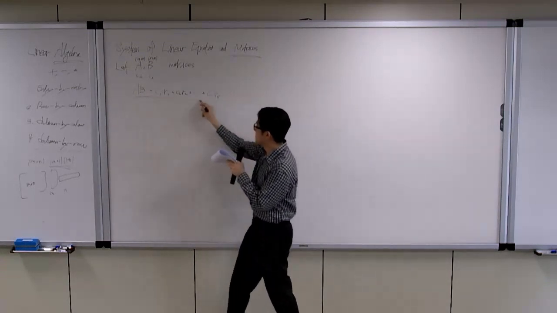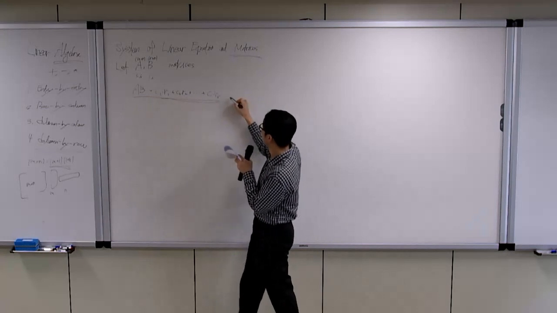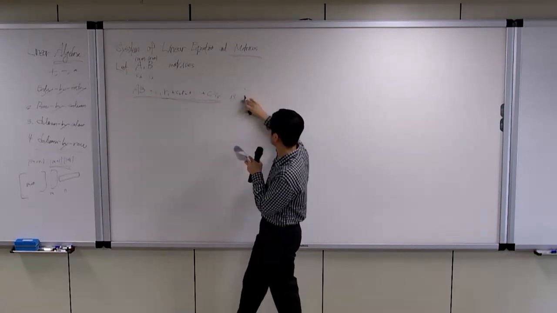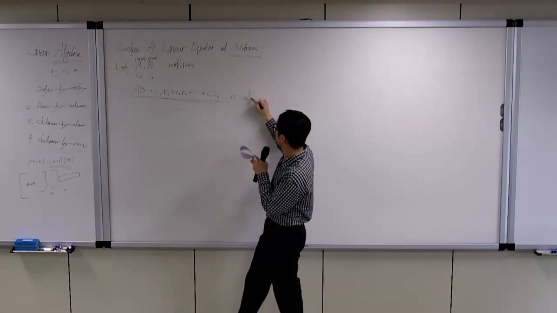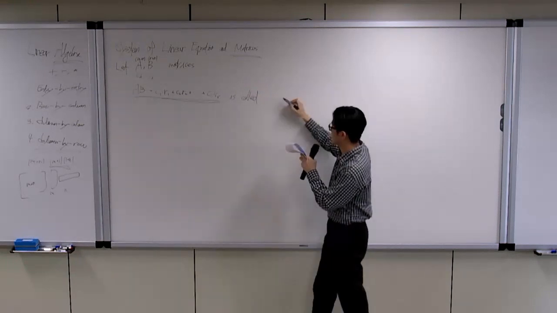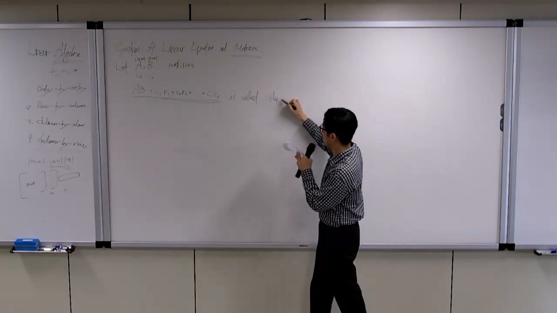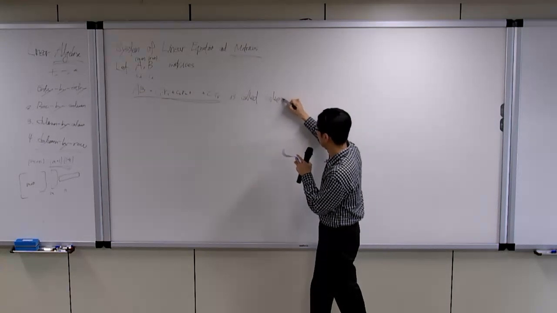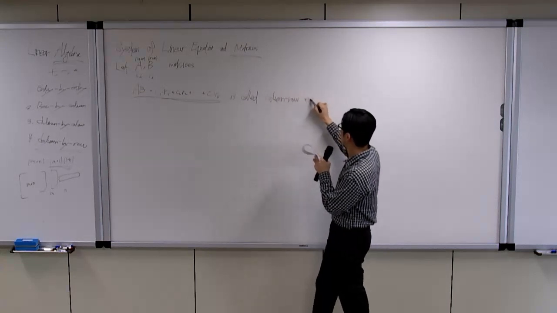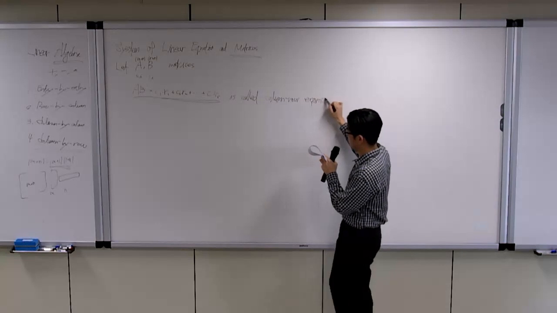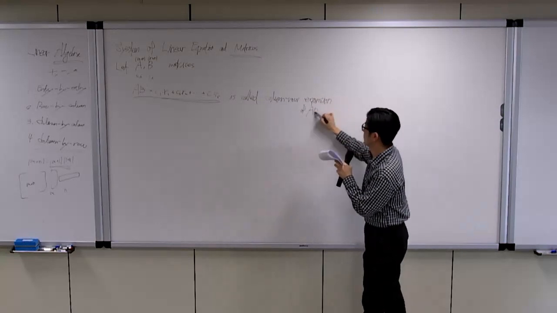So this form is called the column-row expansion of AB.